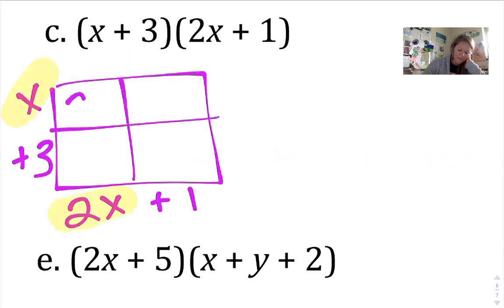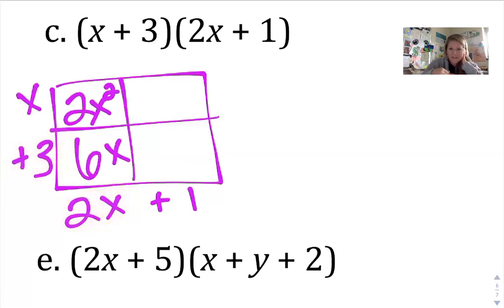Well, x and 2x make 2x squared. Now we're going to take a look at 3 times 2x, and that gives us 6x, because 3 times 2 is 6, and then the x gets pulled in. Looking at x times 1, we have 1x, or just x. And then the last part is 3 times 1, which is 3.